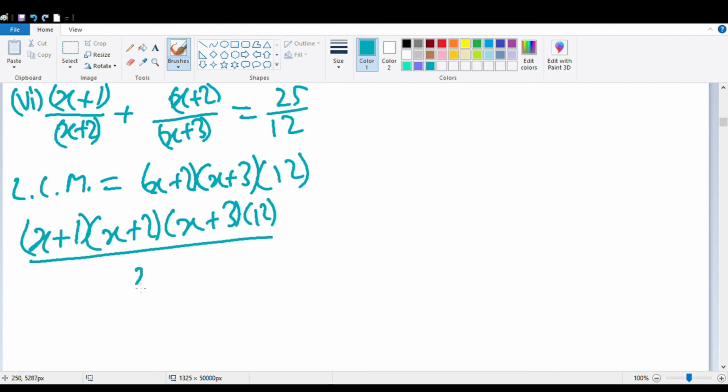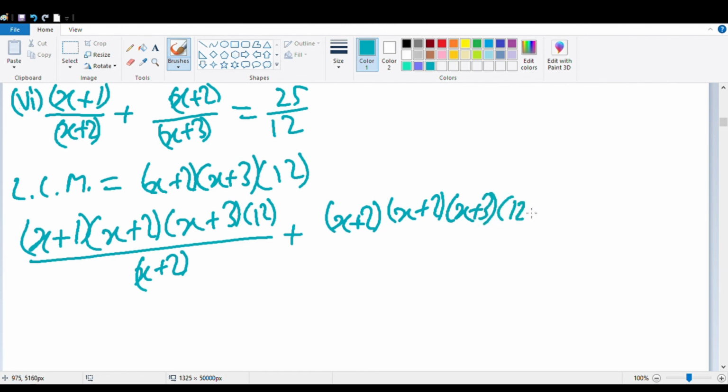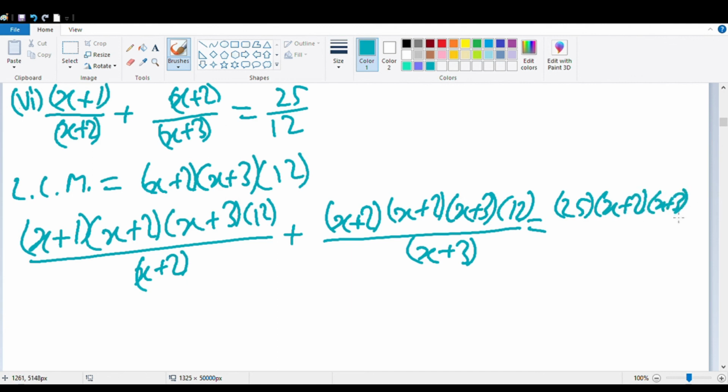All divided by x plus 2 plus x plus 2 into x plus 2 into x plus 3 into 12 divided by x plus 3 is equal to 25 into x plus 2 into x plus 3 into 12 divided by 12. Okay, so x plus 2 and x plus 2 cut out, x plus 3 and x plus 3, and this 12 and that 12.